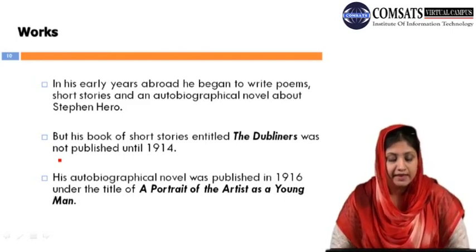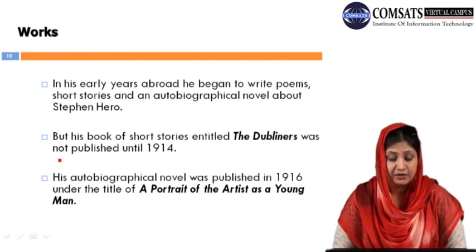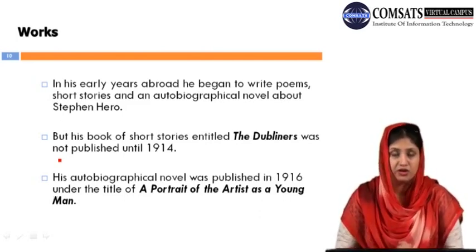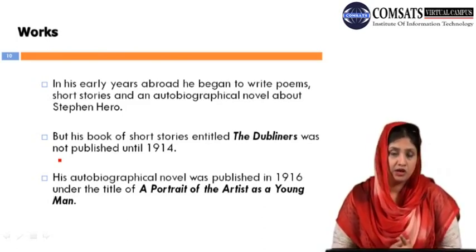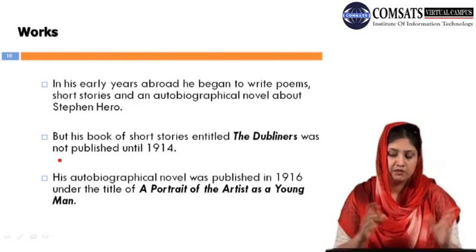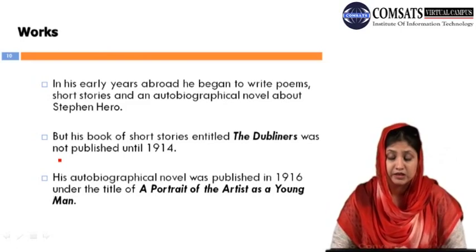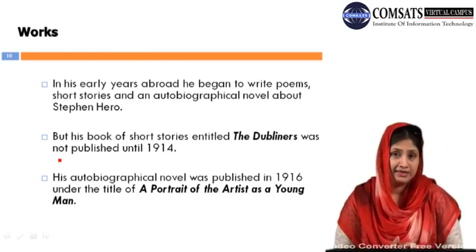His autobiographical novel was published in 1916 under the title A Portrait of the Artist as a Young Man, and this is what we are going to study. So you can see the time period when it would have been written, possibly the first decade of the 20th century, the very beginning of the 20th century, and it also got published in 1916.